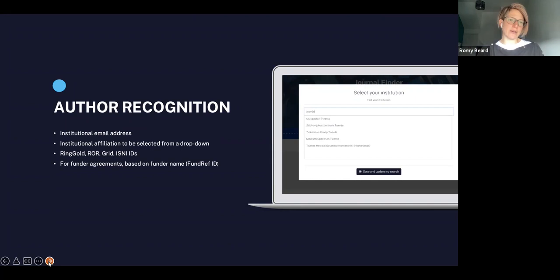So a lot of publishers now use identifiers where you start typing, as you can see in the screenshot on the right, and a number of options pop up, and then you select the relevant one. That's really the best way to do it, to make sure the system really catches who you are. And for funder agreements, it tends to be based on the FundRef ID.